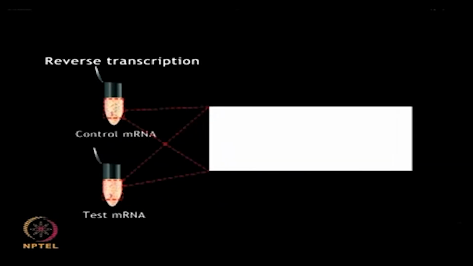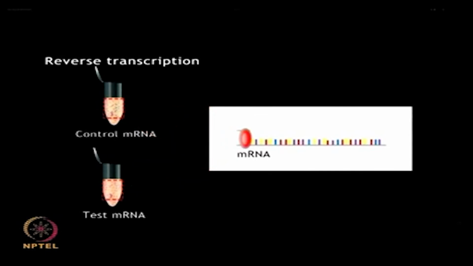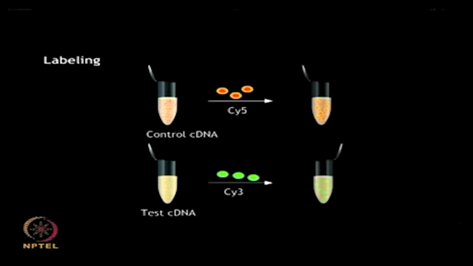This enzyme, which is also known as RNA dependent DNA polymerase, is capable of synthesizing DNA from a corresponding RNA template. The control and test cDNA samples obtained are then labeled with Cy5 and Cy3 dyes respectively.